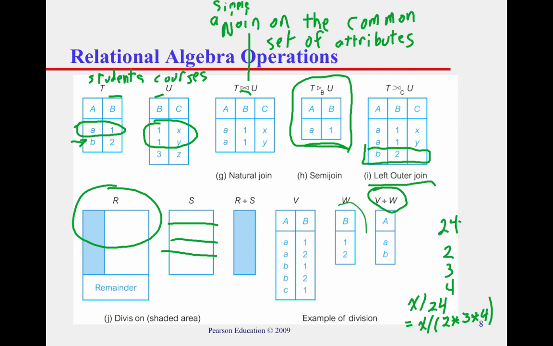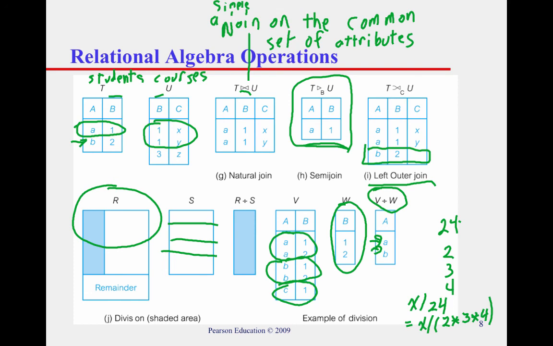We have w consists of 1 and 2, so these two completely match everything. In some sense, they are divisible by both the 1 and the 2, so both a and b show up in the result, but c doesn't show up in the result because it's not, quote, fully divisible by s.